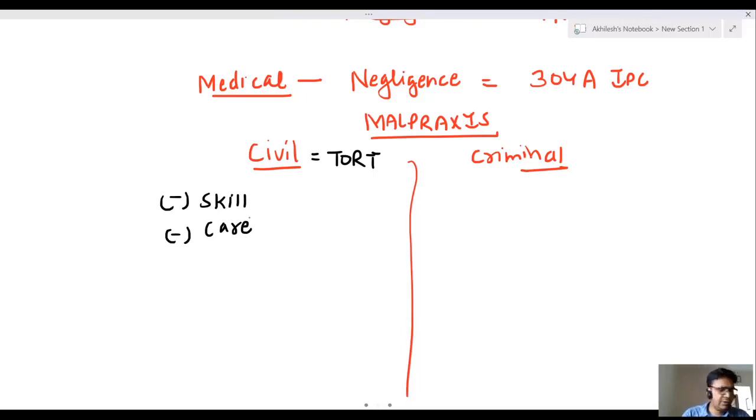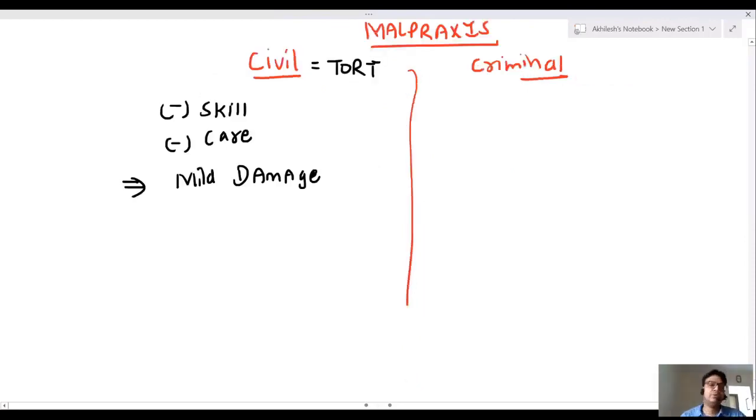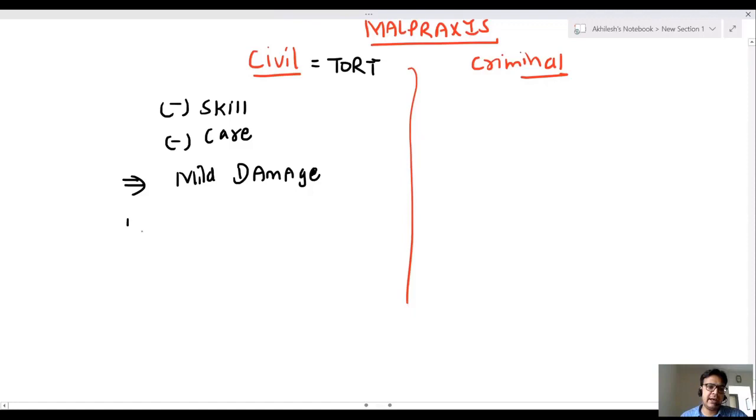Sir, here there is mild damage to the patient. So the doctor has to pay money only.